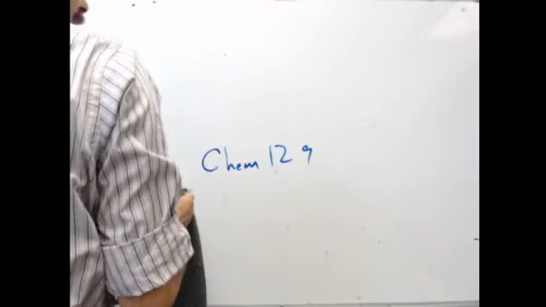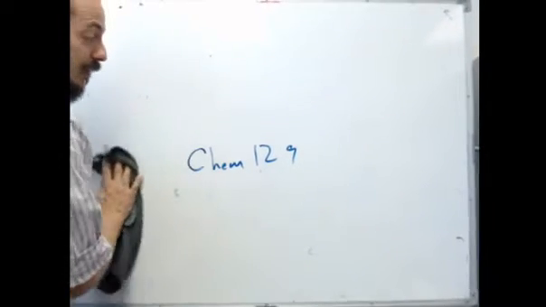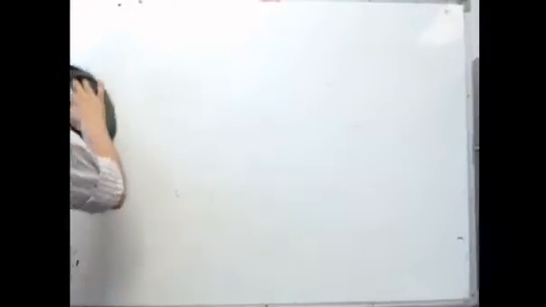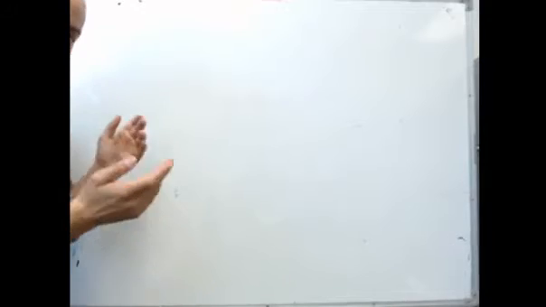What questions do we have? So today I assume most of the questions are going to be on homework 5, since we have a quiz on homework 5 in just a few hours.